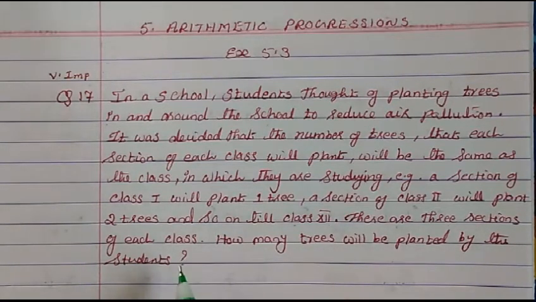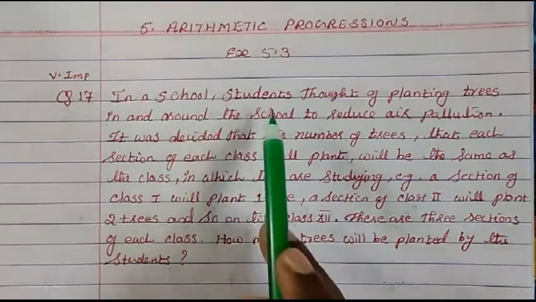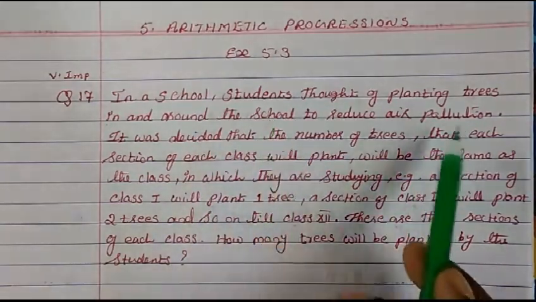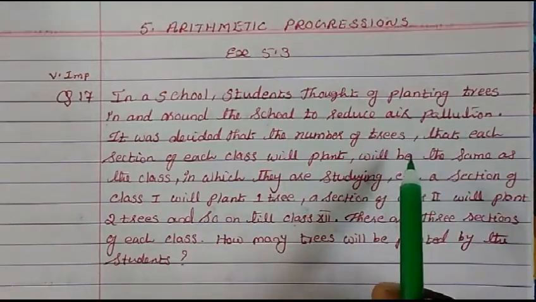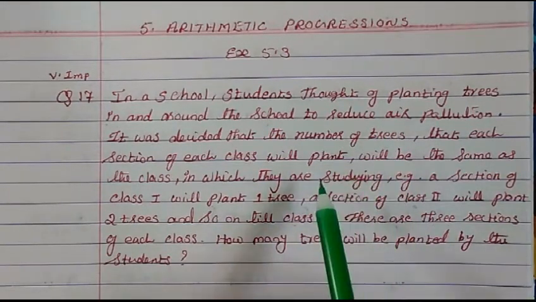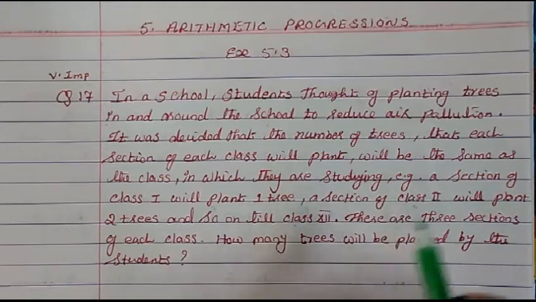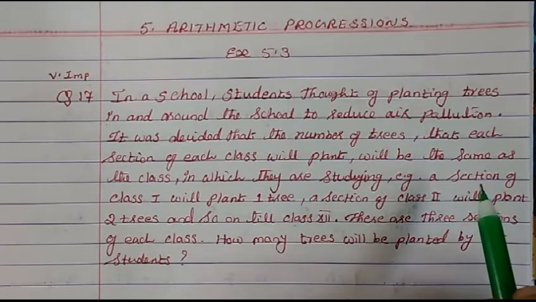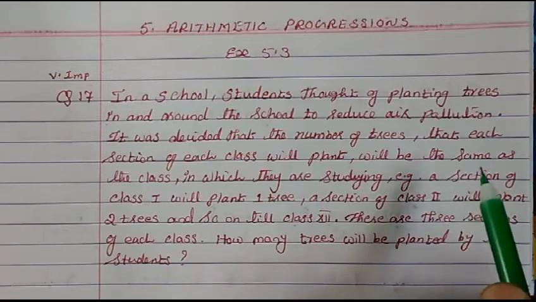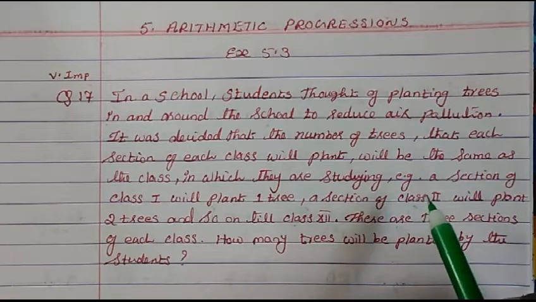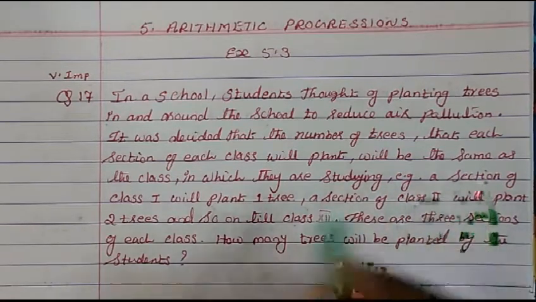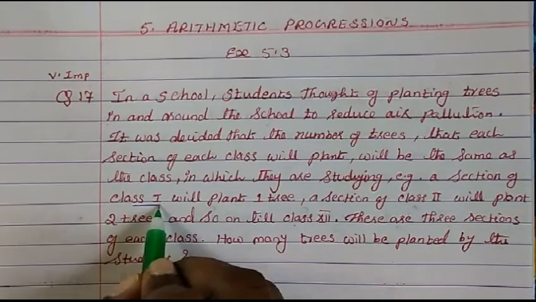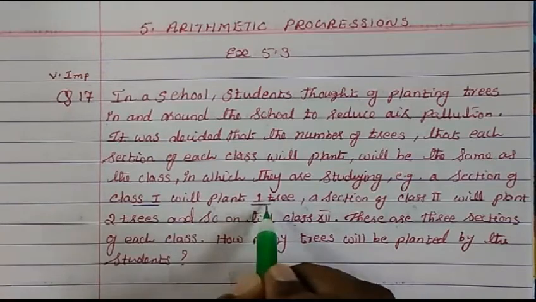So the question is, there is a school where the students are planning to plant the trees in order to reduce the air pollution. So what they have decided is that each section or each class will plant the tree according to the class that they are in. Example is given, if you are in first standard, that student will plant 1 tree.